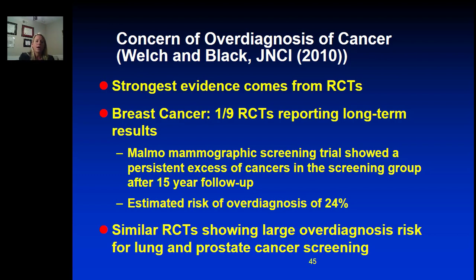In that one clinical trial with 15 years of follow-up, there wasn't a dramatic increase in the number of clinical cancers among those who weren't screened early for breast cancer. So the authors of that paper concluded that there's this risk of overdiagnosis, illustrated in this 15-year follow-up for breast cancer. And then they talk about similar results showing overdiagnosis for lung and prostate cancer screening.